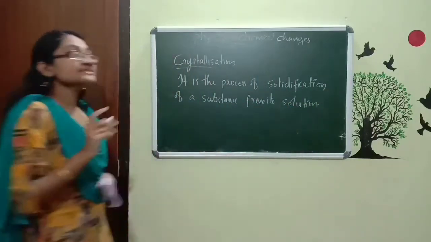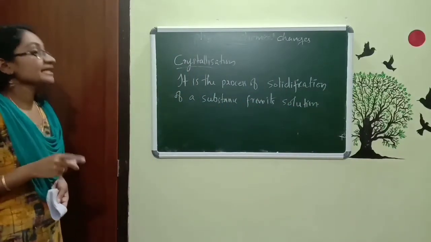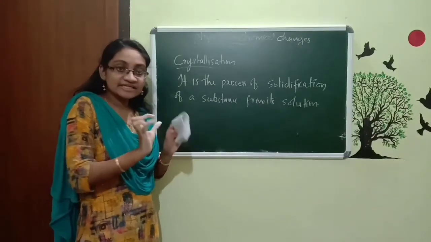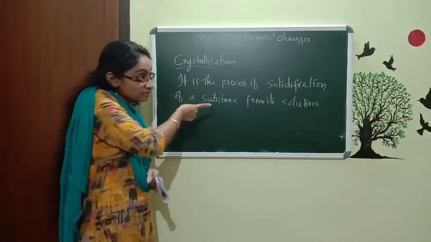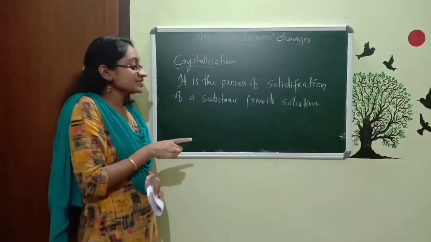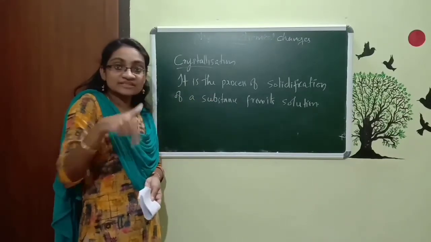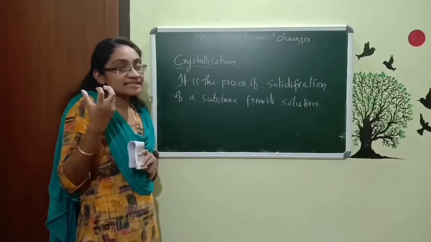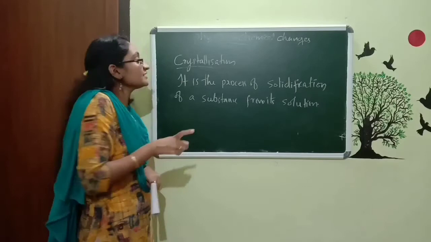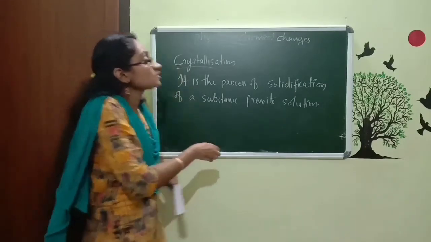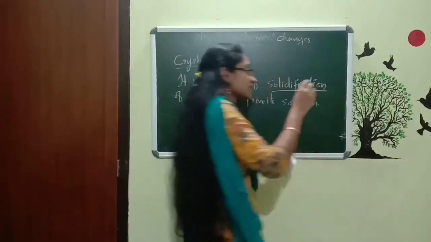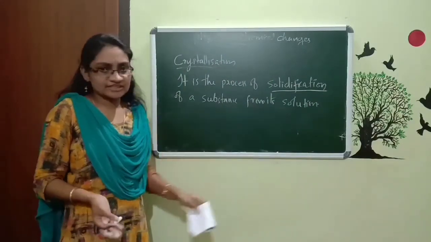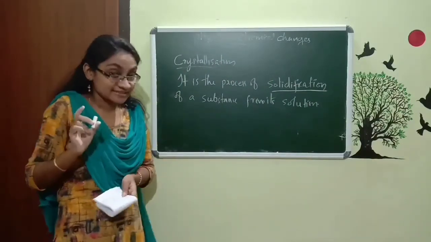So, this is the definition for crystallization. It is the process of solidification, which means we are converting it into solid form. In the initial stage, what was the state? It was in the liquid state. And after the process, we get it in solid form. That's why we say it is the process of solidification. That means we are converting the substance into solid from its solution. That is the definition for crystallization.